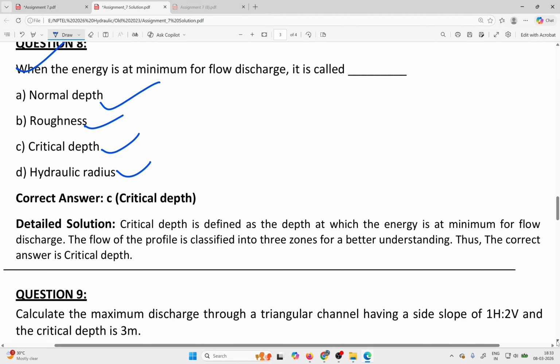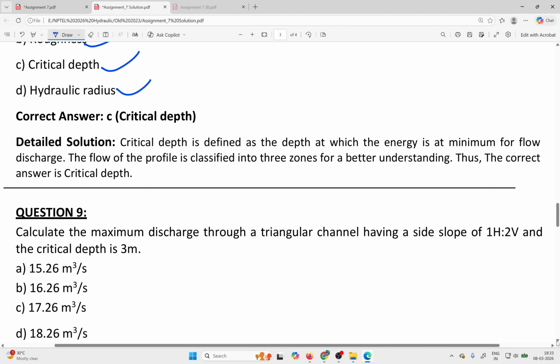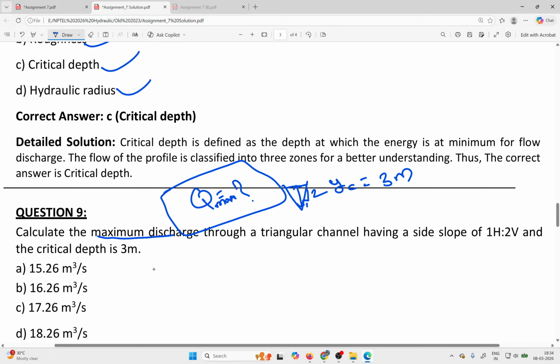Now question number 9. Calculate the maximum discharge through a triangular channel having a side slope 1:2 and the critical depth is 3 meters. Yc is given as 3 meter. Here you need to calculate the maximum discharge. So now you can correlate question number 8 with question number 9 and try to calculate.